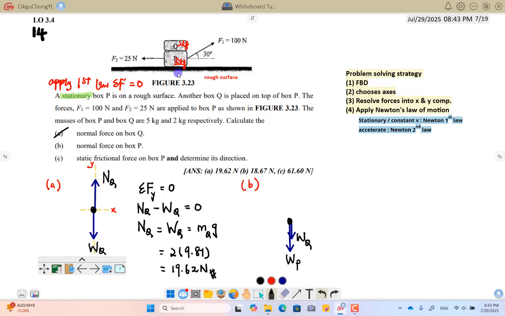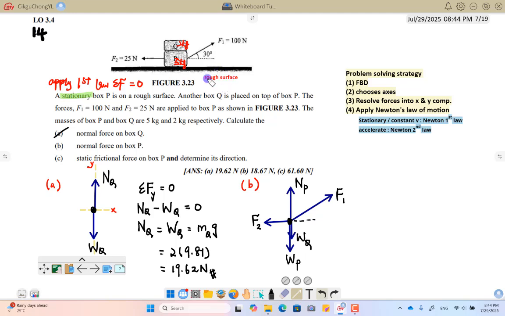Since P is in contact with the surface, we have a normal force NP acting upwards. Then there are two external applied forces acting on box P. So we redraw the applied forces: F1, and another one, F2, pointing leftward.